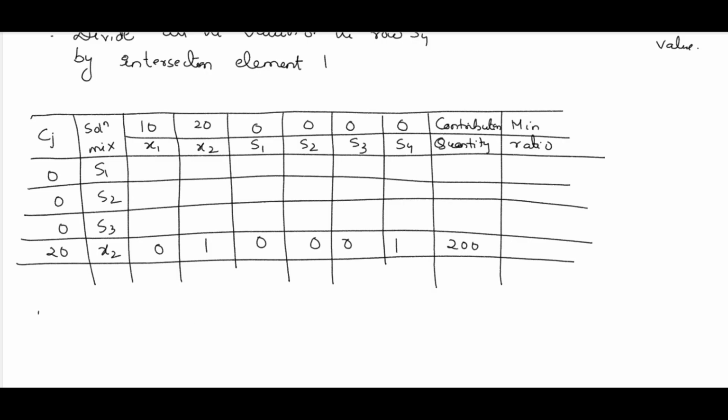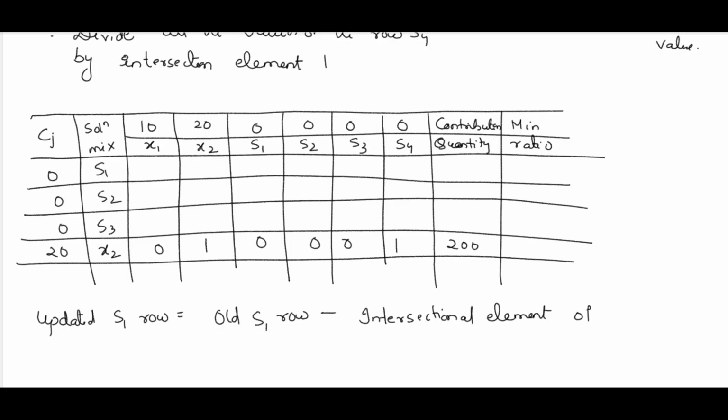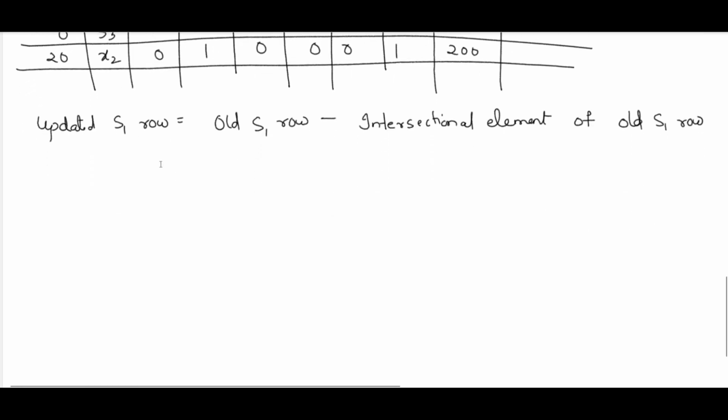Now the updated S1 row is equal to the old S1 row minus the intersectional element of the old S1 row into the corresponding element of the new X2 row.